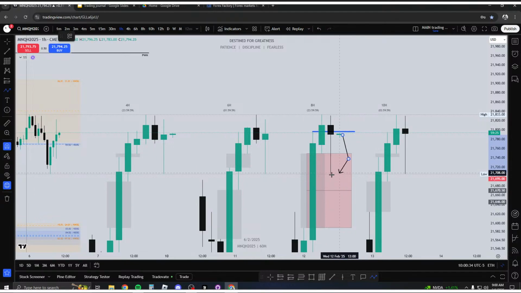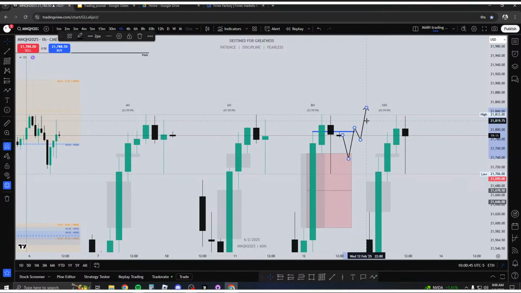We could end up taking out the 8-hour high. That could happen. But I want to see us rebalance this inefficiency because we closed below this blue line. And we could continue to respect it, continue not. It doesn't really matter. But because we've closed below that blue line, I would treat that fair value gap as a gap that gets rebalanced.